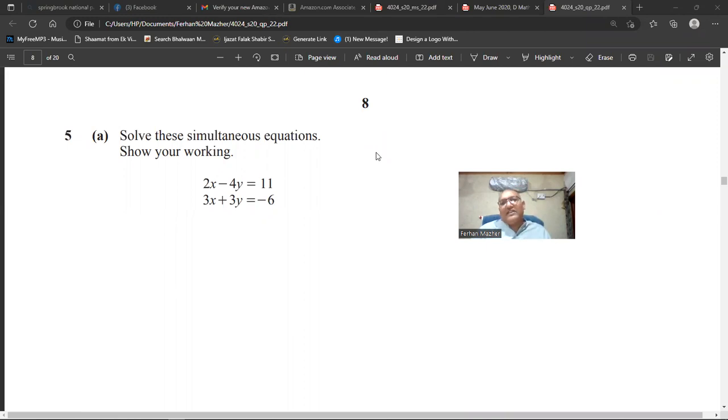I'm going to use the elimination method and make the coefficients of y the same. For that, I will multiply the first equation by 3 and the second equation by 4. Let me show you my solution, how this is done.